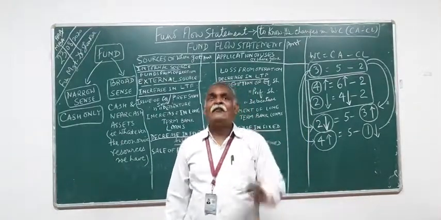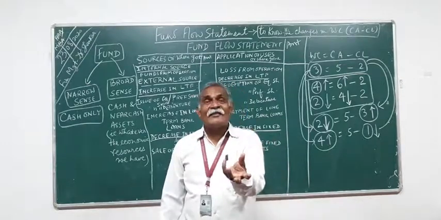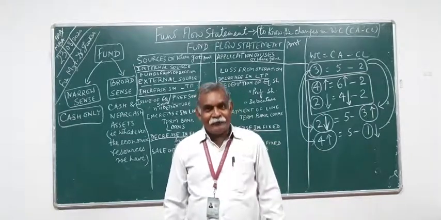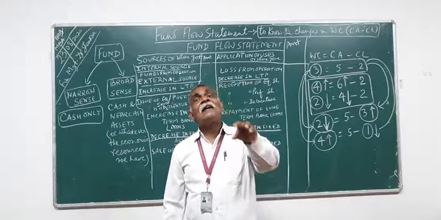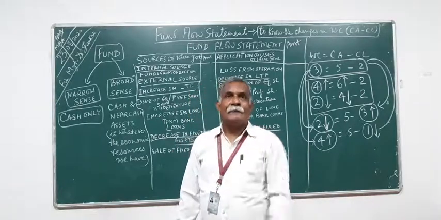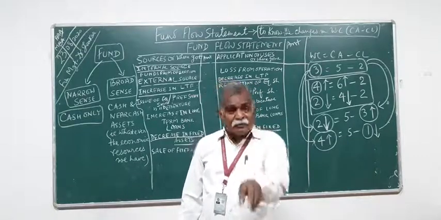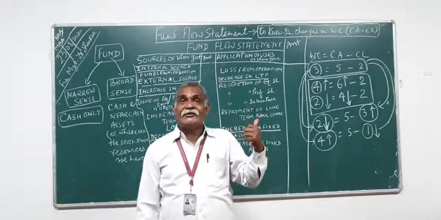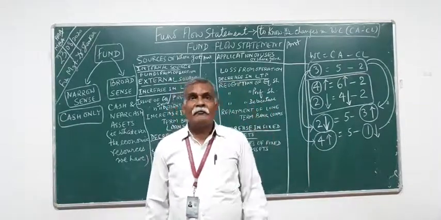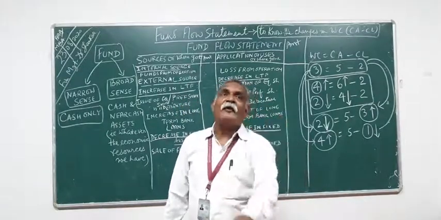Because we are using the fixed assets, the book value of the fixed assets decreases every year by deducting the annual depreciation. By deducting annual depreciation from the fixed assets, you will get the book value of the current year. Because we are deducting depreciation, we consider that depreciation on the expenses side, that is the debit side in the PL account. We consider it as an expense, and by that amount your net profit is decreasing.